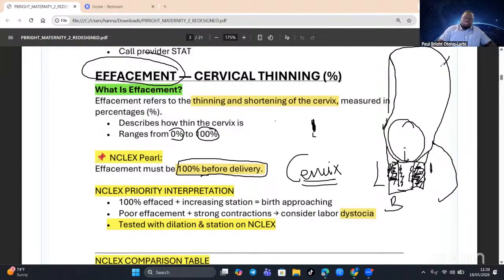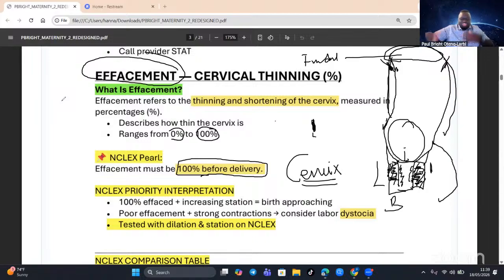Many things must come together to help the baby come out. One, I need uterine contraction. This is the uterus. It starts from the head, which is called the fundus. The fundus must be hard. The body of the uterus must contract.